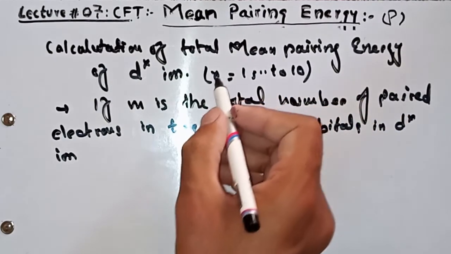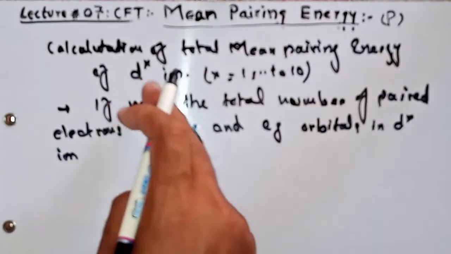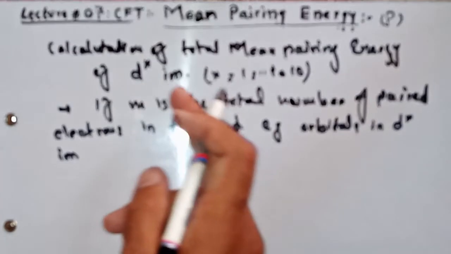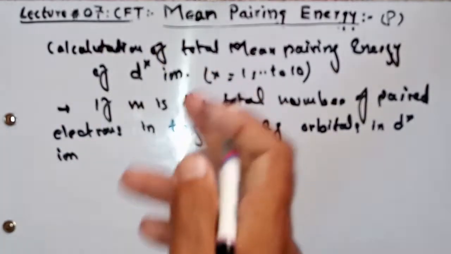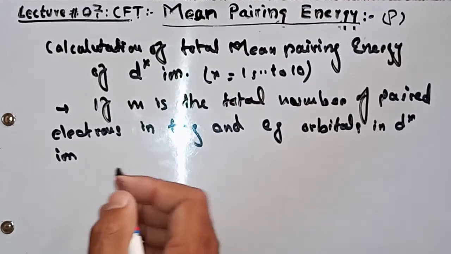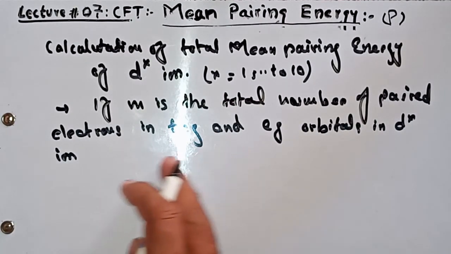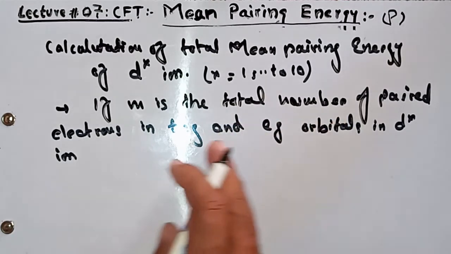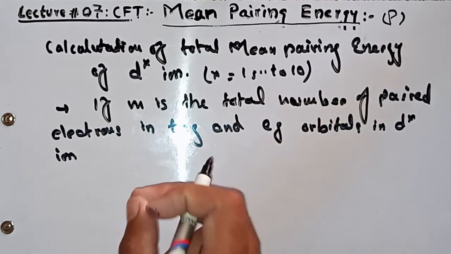This means in this system there may be one electron, two electrons, three electrons, up to 10 electrons. For that system you can calculate the mean pairing energy according to this rule.